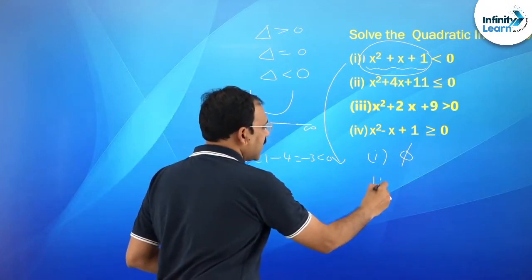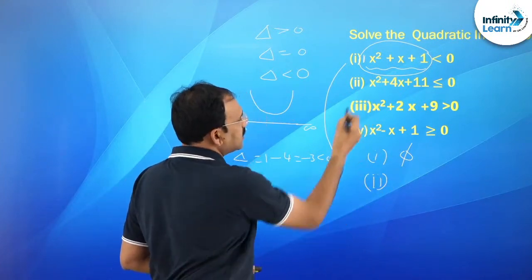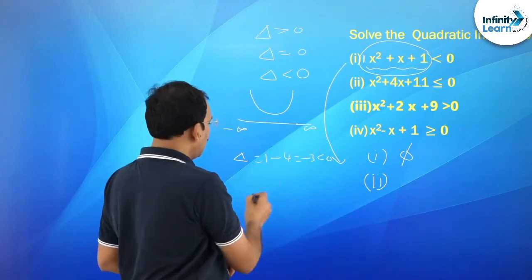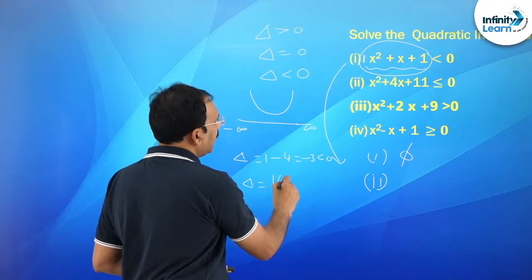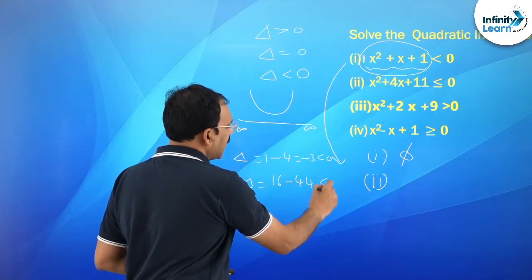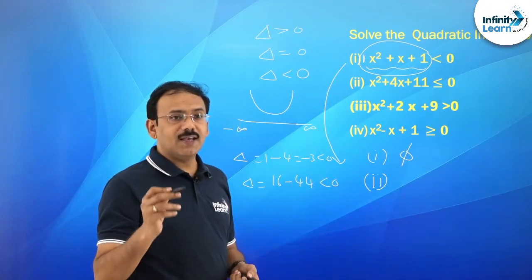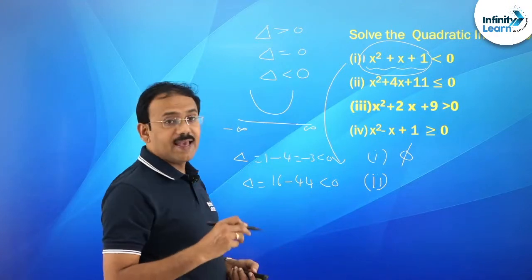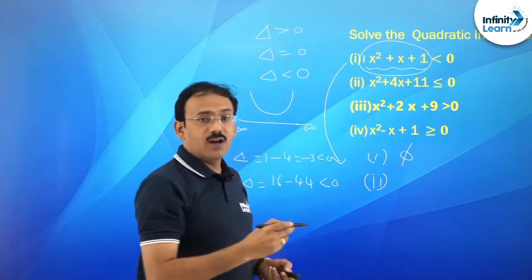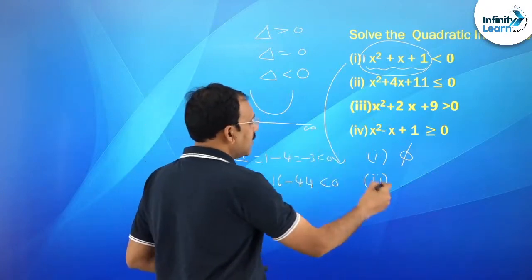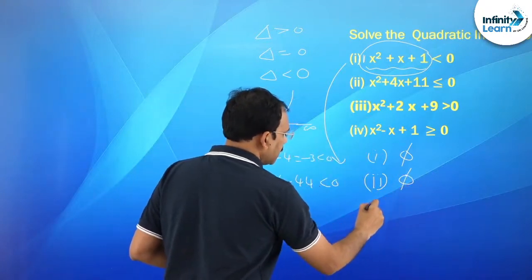Whereas for the second also, you just find delta, b square minus 4ac, which is negative. So if delta is negative, dear friends, this expression is also always positive. Less than or equal to 0 is also impossible.